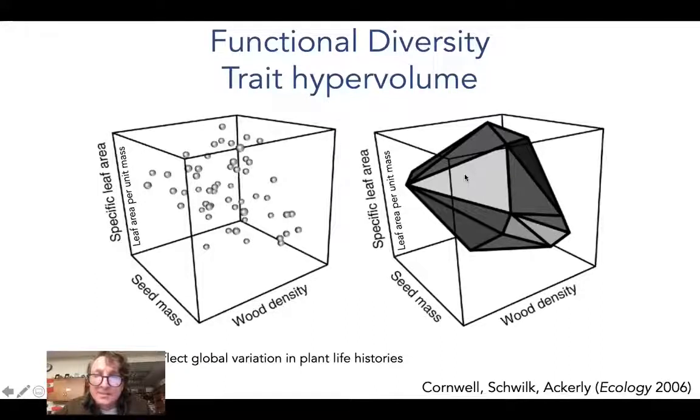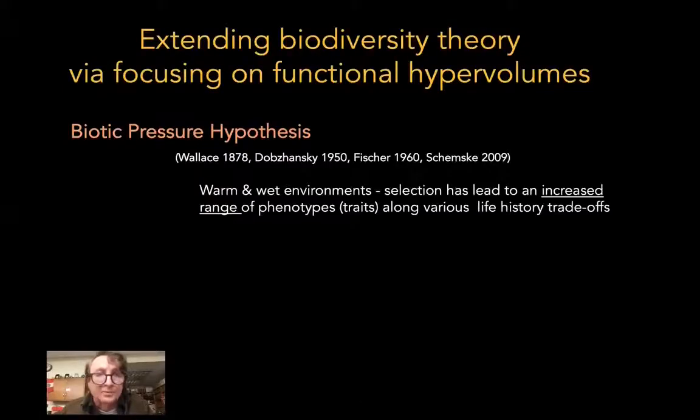What's nice about this is that we can compare different communities or different populations, or even compare species, where the volume of trait would be the amount of intraspecific variation. But at the community level, we're looking at interspecific variation. So that's a quick introduction to the trait hypervolume.